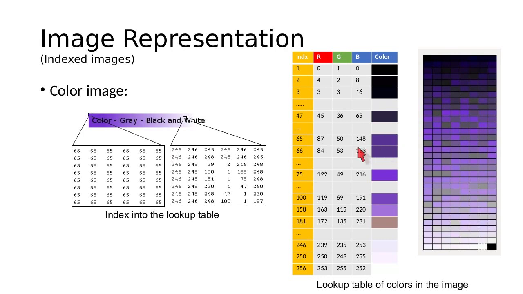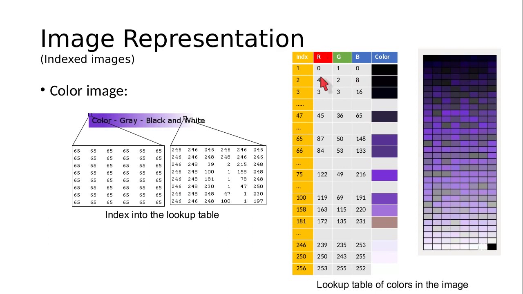So the image would be made of two parts. One is a matrix which stores the index values, and the other is a lookup table which says what the RGB values are for each index. Now please understand, the number of RGB combinations can be more than 256.